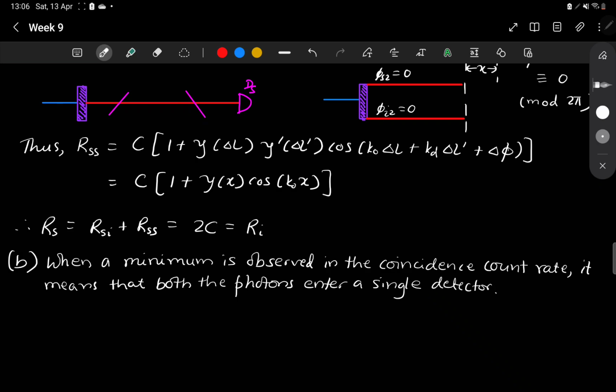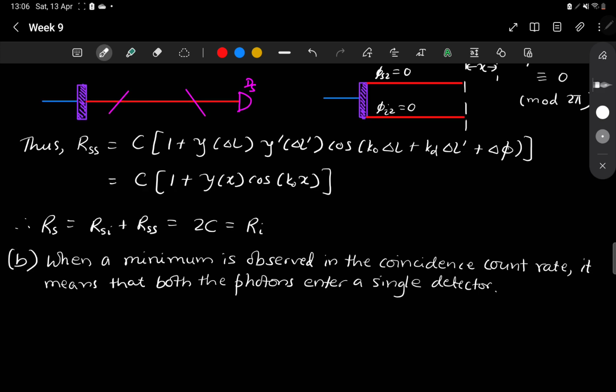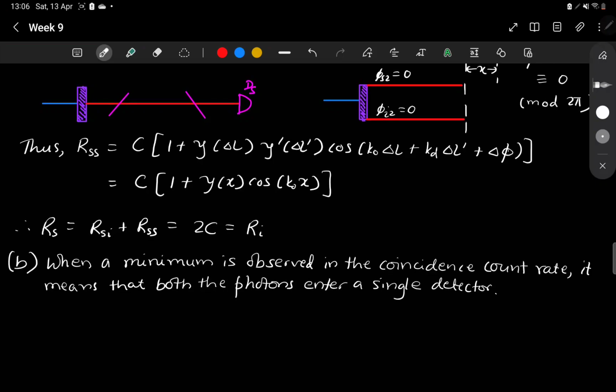This is what it means when you observe a minimum. I hope it is clear.